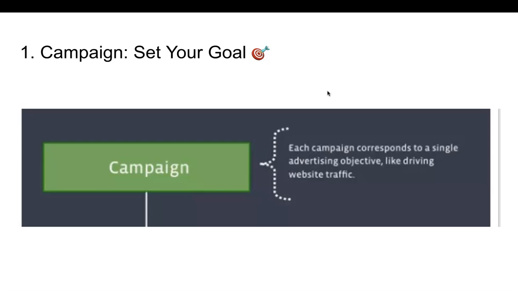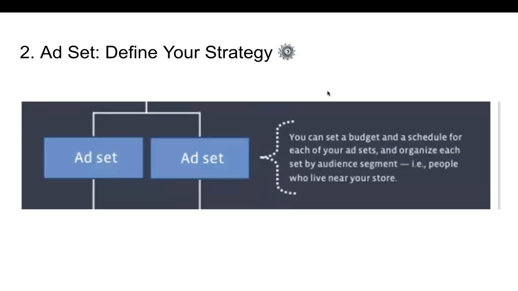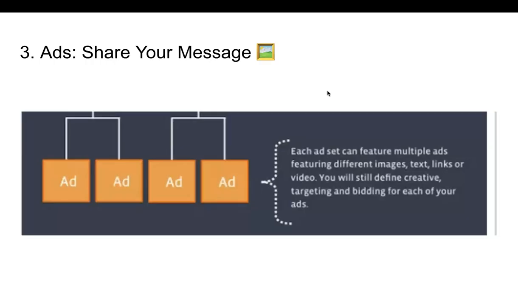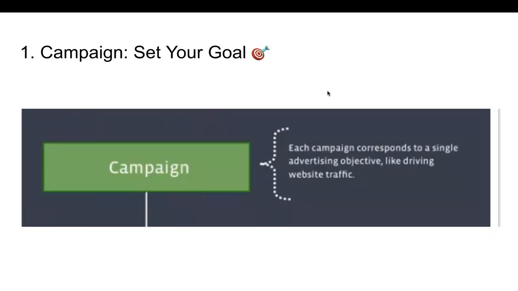So we have campaign, we also have ad set, and then we have ads. Each level serves a different purpose, and together they create a system that helps you set goals, define your audience, and deliver effective ads. So they all connect with each other.